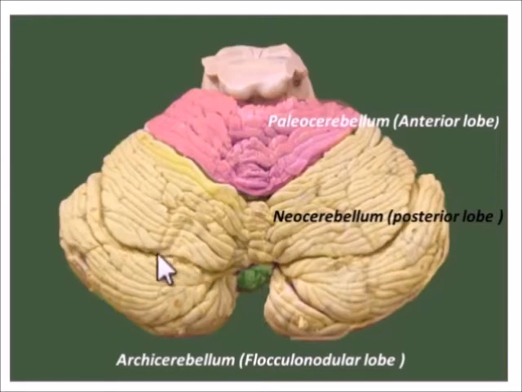This horizontal fissure across the posterior lobe divides the cerebellum into two surfaces: one is the superior surface and the other is the inferior surface, which rests on the base of the skull.